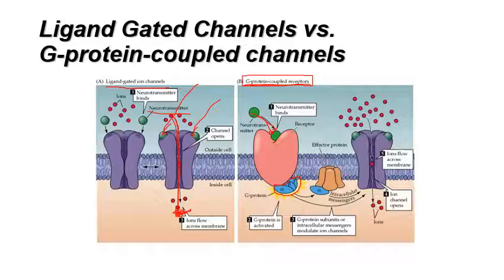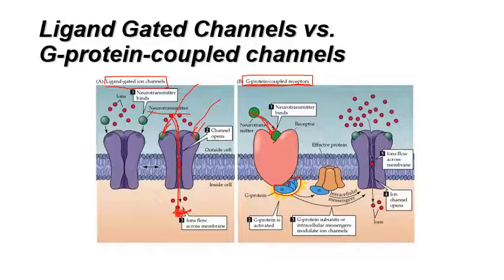neurotransmitters. But for now we've got ligand-gated ion channels, and you can see the difference. This is a direct link: the neurotransmitter directly opens an ion channel, whereas with the G-protein, the G-protein is what gets activated. So this channel gets opened indirectly, not directly by the neurotransmitter.